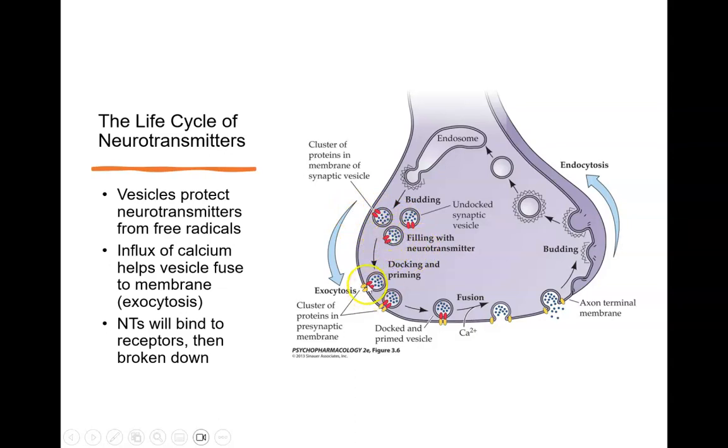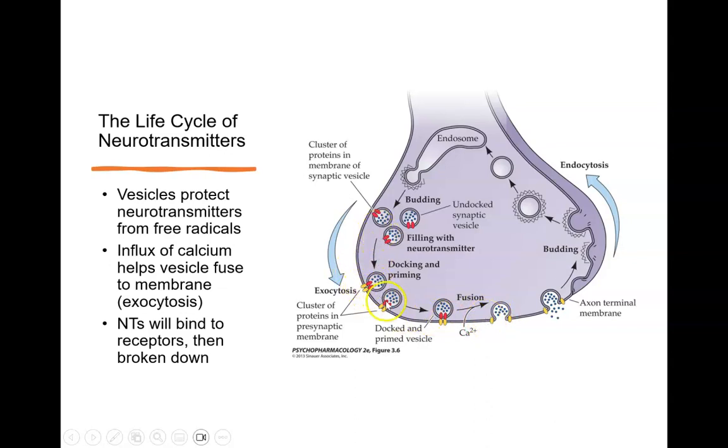At some point, as an action potential moves all the way down to this axon terminal or the terminal buttons, calcium is going to flow inside of the cell. And calcium is going to be really critical here because it allows this vesicle to basically dock with the cell membrane, and it's basically going to fuse with the cell membrane through a process of exocytosis.